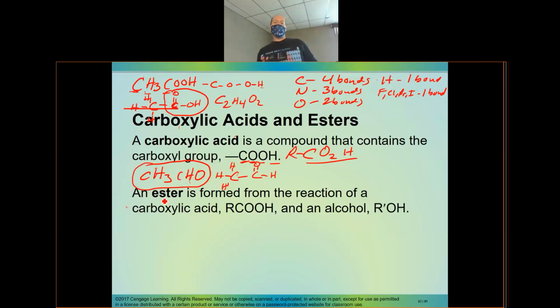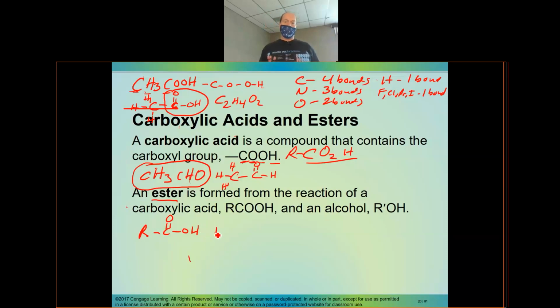All right, so now we're going to make an ester. When we make an ester, we're going to take a carboxylic acid. So any carboxylic acid, so R, then C double bond O to OH. R is any alkyl group: methyl, ethyl, propyl, isopropyl, whichever. Any carbon group.